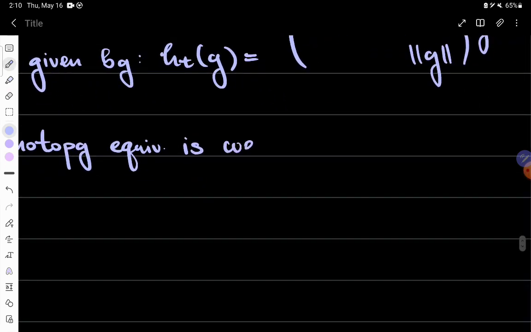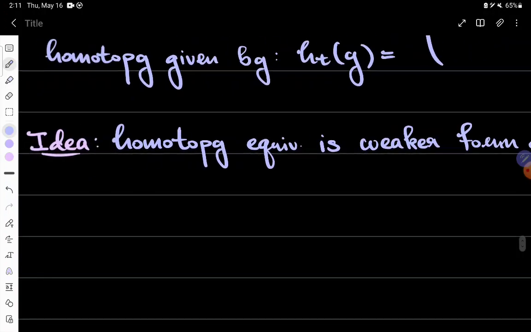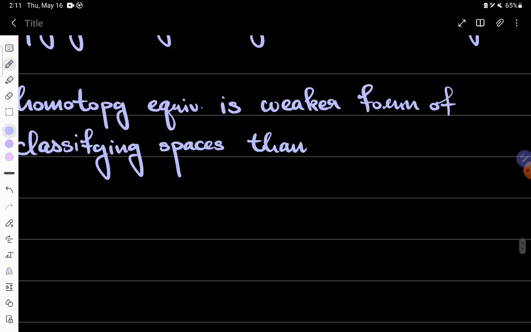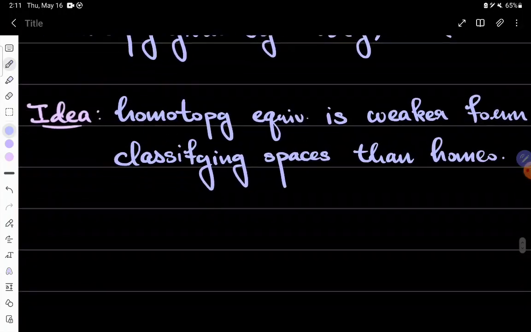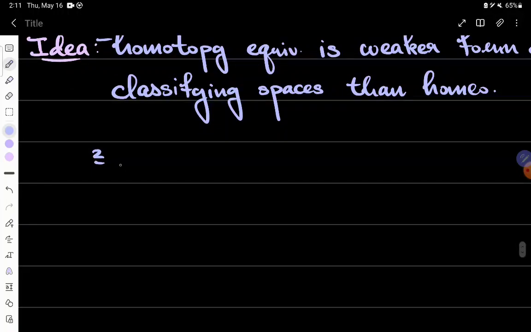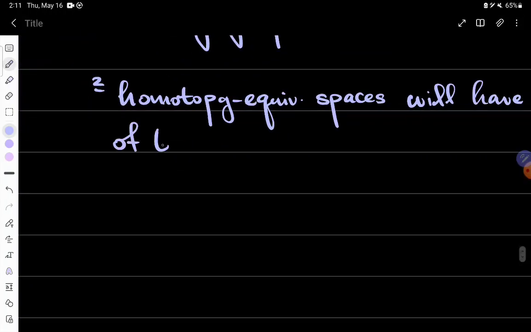Bullet point 1 is that it is a weaker form of classifying than homeomorphism, and 2 is that under our setup, homotopy equivalent spaces will have many of the same algebraic invariants that we're going to introduce.